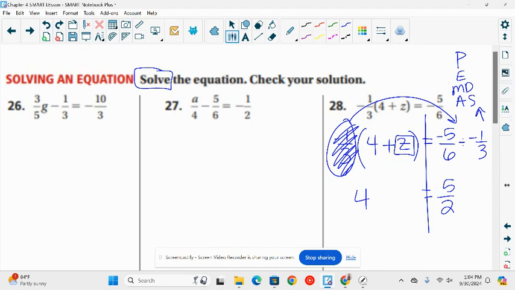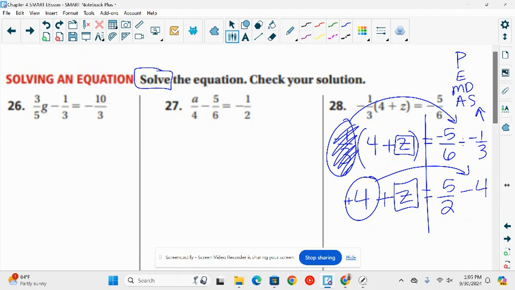So now I just have 4 plus z. What do I have to move to get z by itself? The 4. Using what operation? Subtraction. Because right now it's saying basically there's a plus in front of it that we just don't see. So opposite of that is subtraction.